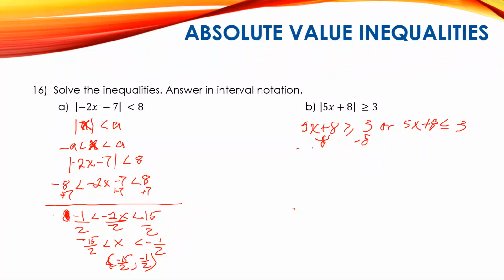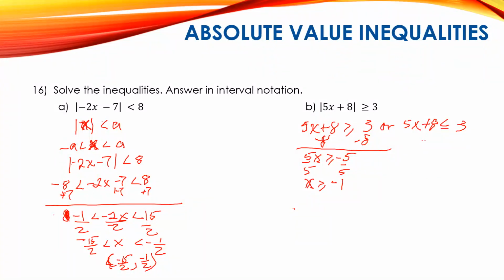That will be 5x greater than or equal to 3 minus 8, which is negative 5. And divide by 5 on both sides. That will be x greater than or equal to negative 1.